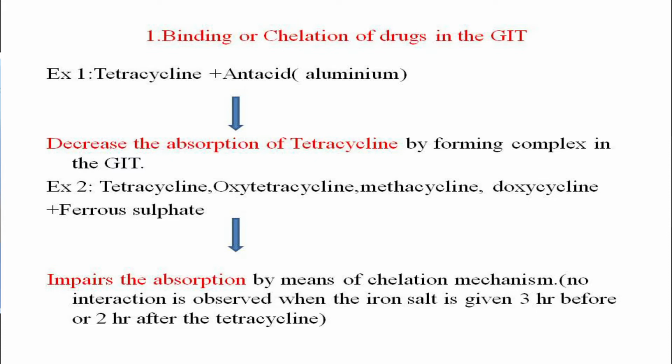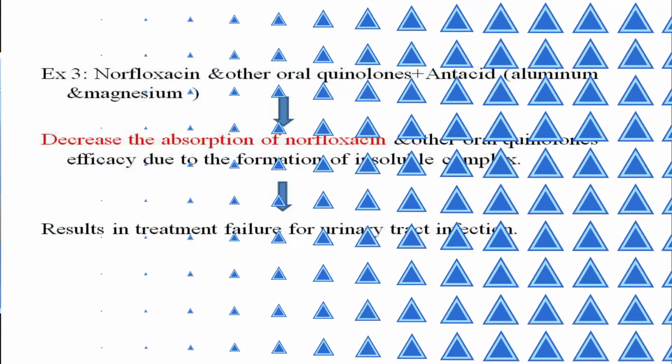So we can avoid this chelation mechanism by giving the iron containing substance 3 hours before or 2 hours after tetracycline administration.